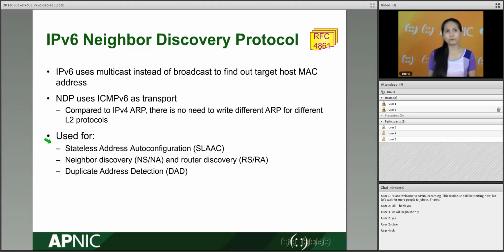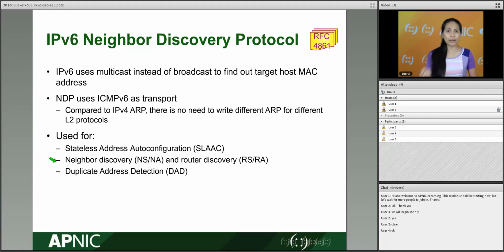It's the same protocol, but with slightly different purposes. Stateless address auto-configuration is when you're assigning a link-local address to your interface. Neighbor discovery is looking for other neighbors if you're sending data to a specific IP address, kind of like ARP, but ARP uses broadcast, so NDP is the equivalent in the IPv6 world.